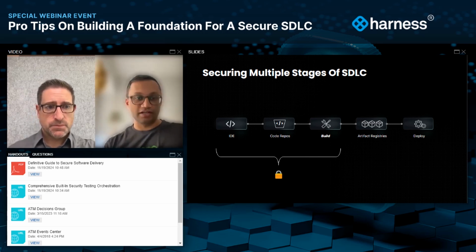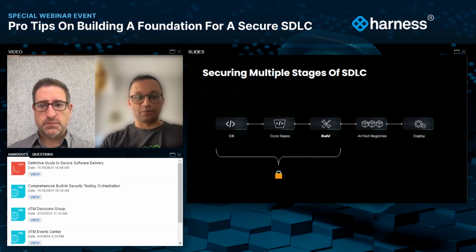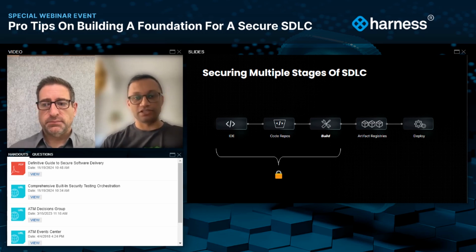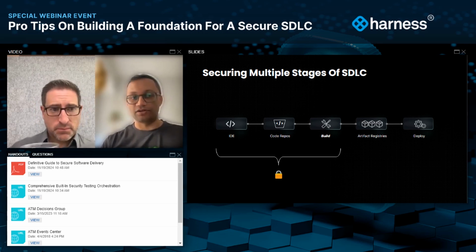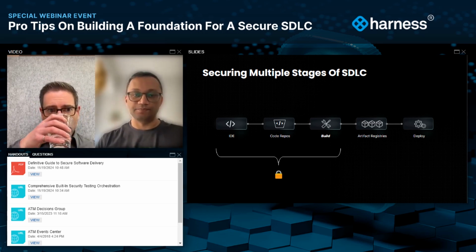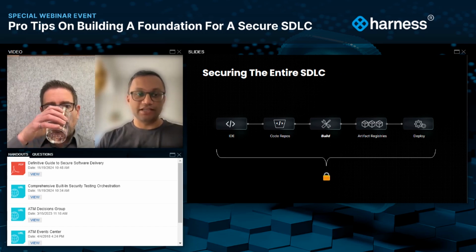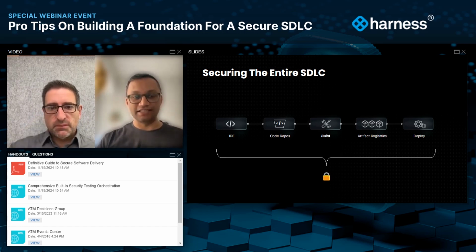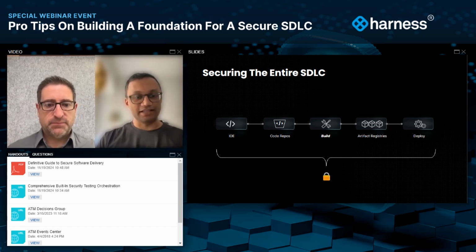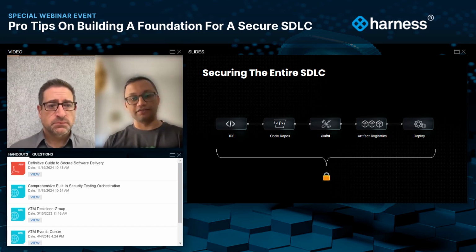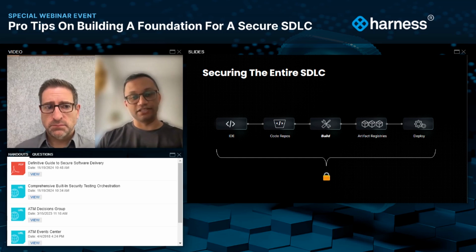But for your organization, it might be a different use case. You might want to try out different permutations and combinations, and that really helps secure a group of stages together. And then finally, obviously, securing the entire SDLC is also a critical thing. So make sure that you have all the common elements across all the different stages aggregated into the platform to make sure that you're securing the entire SDLC.